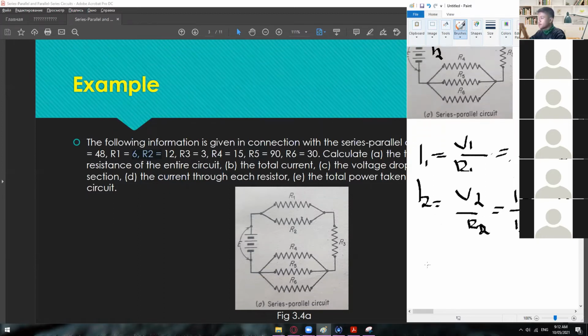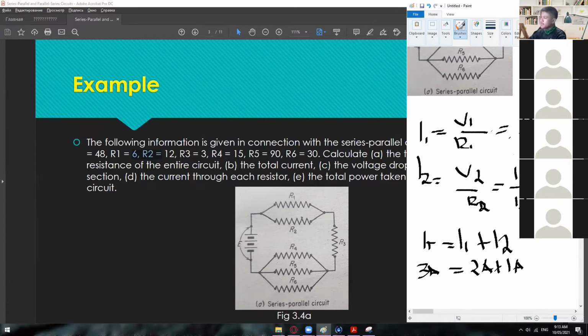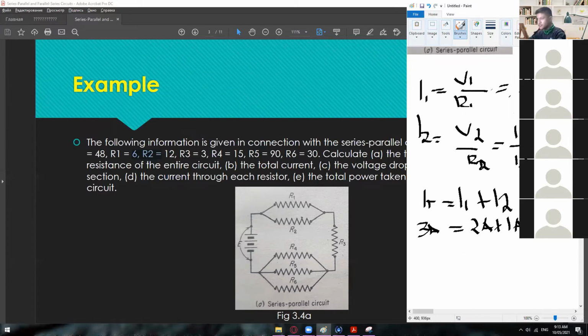So there you go. IT is equal to I1 plus I2. So IT is 3 amps, and then I1 is 2 amps, and then I2 is 1 amp, which is now equal to 3 amps. So from there you can now get the individual voltage drop.